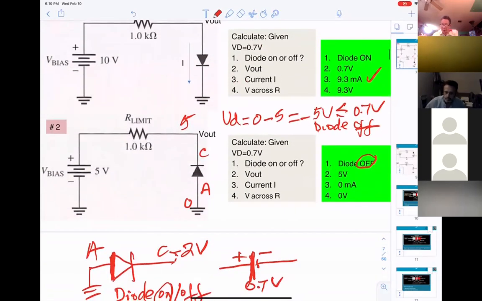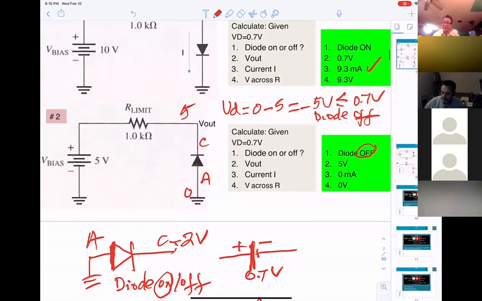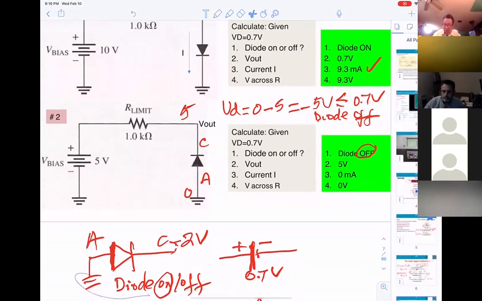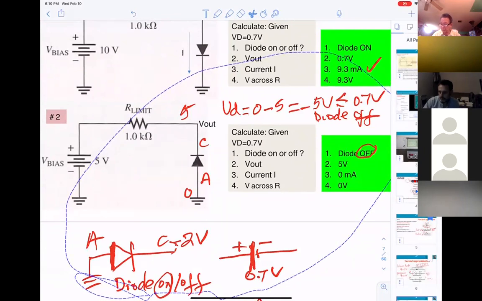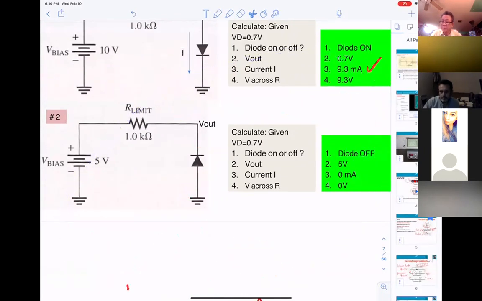Okay, so now on the second problem, we know for sure the diode will be off right here. It is off now, so you can see it looks like an open circuit.